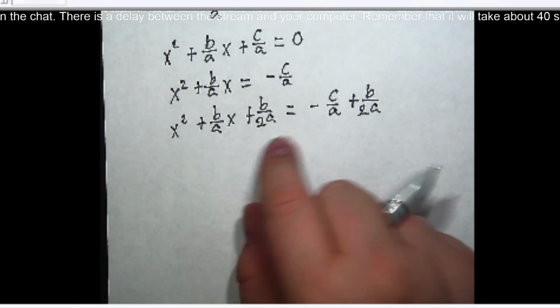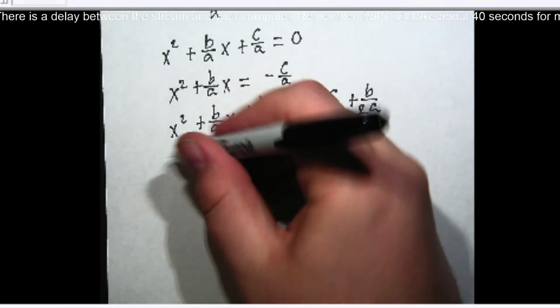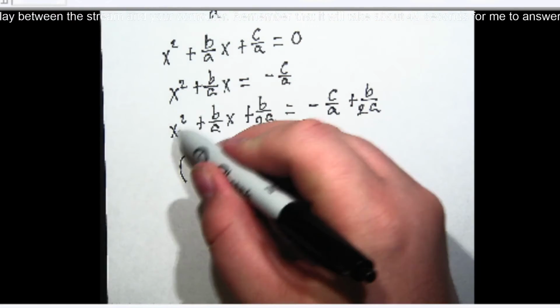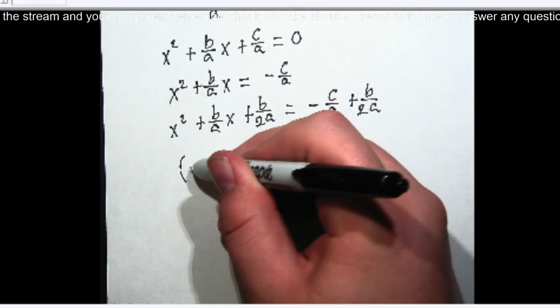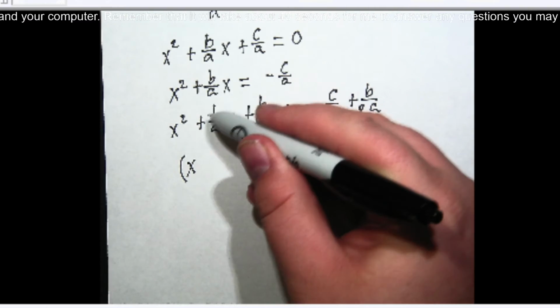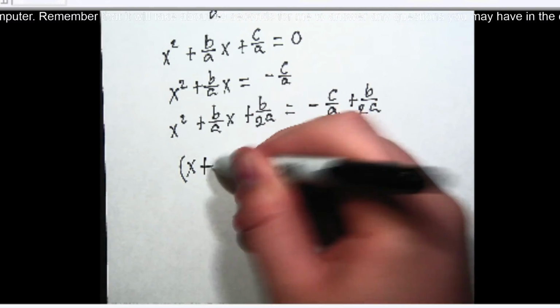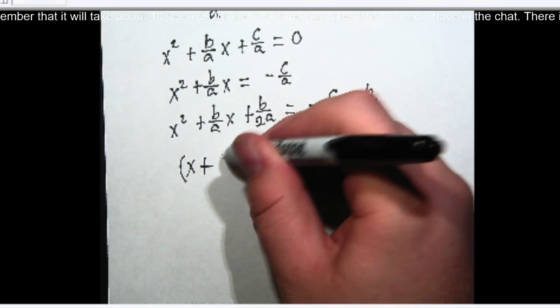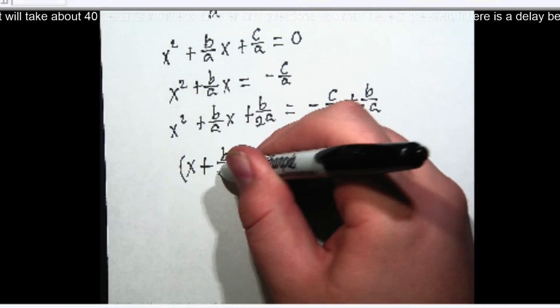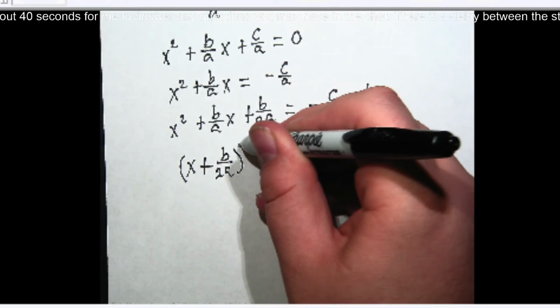So here we're going to factor. We take this variable, write it down, this sign, write it down, and half of this and write it down. So b over 2a, and then square the whole thing.